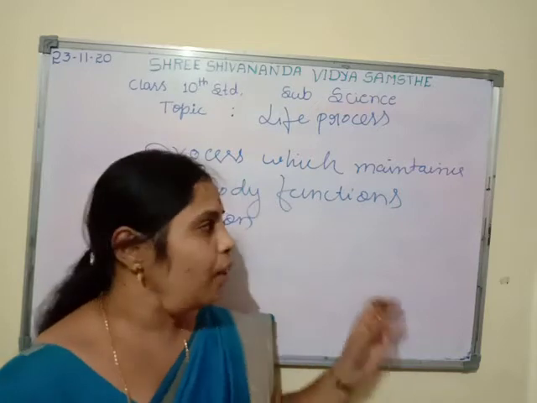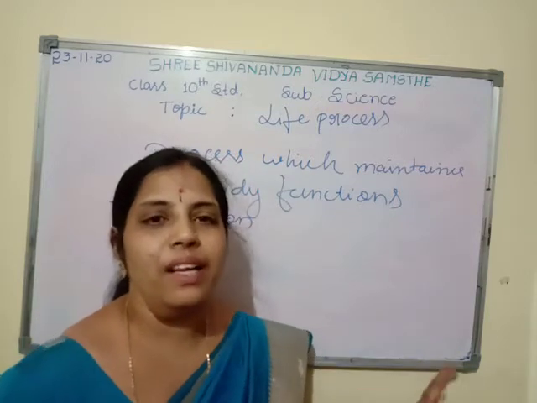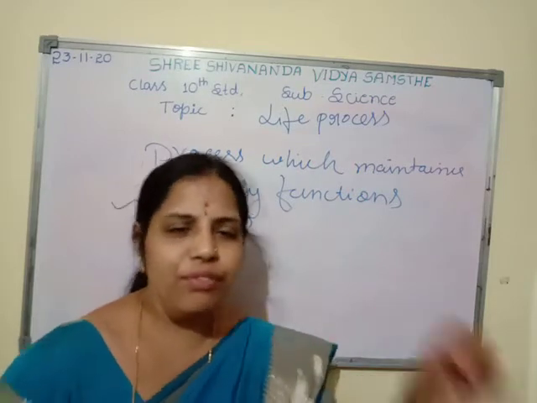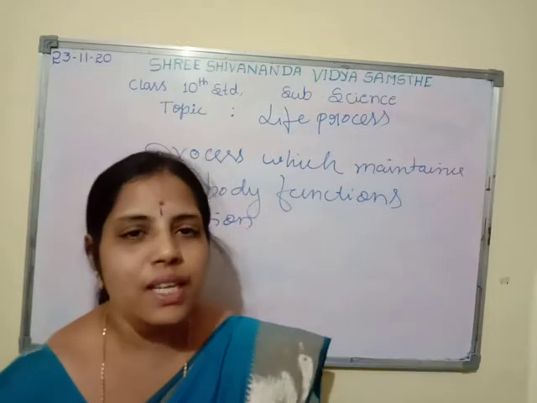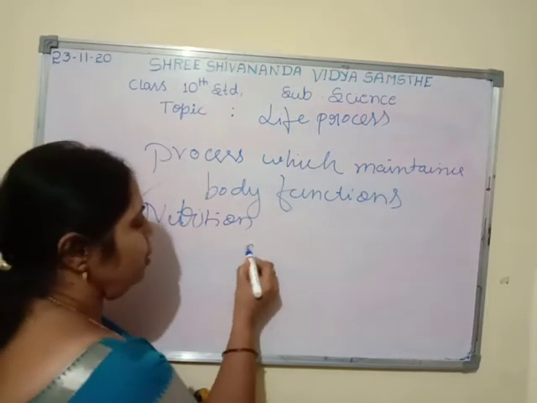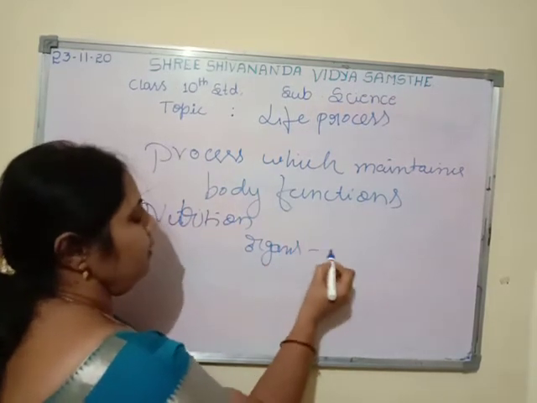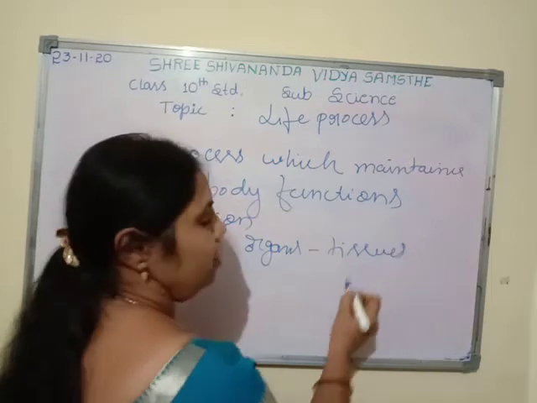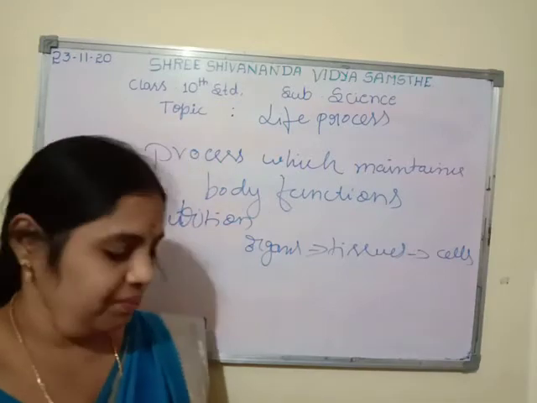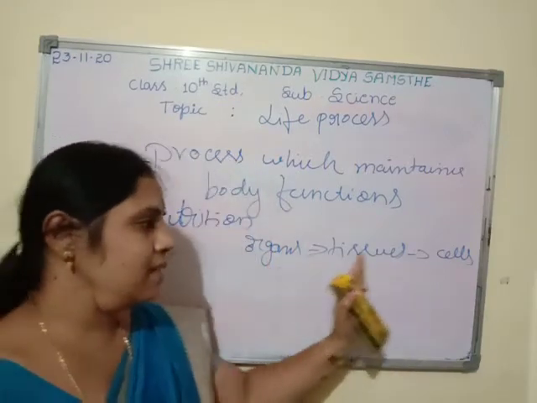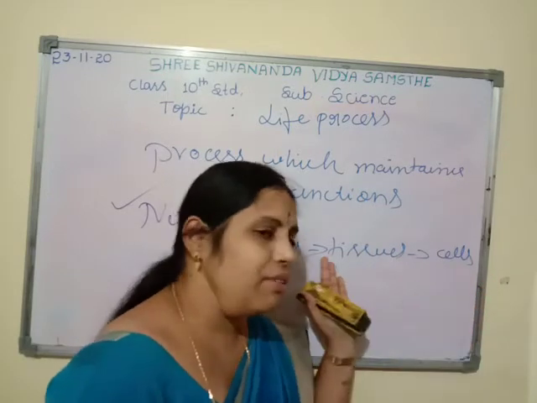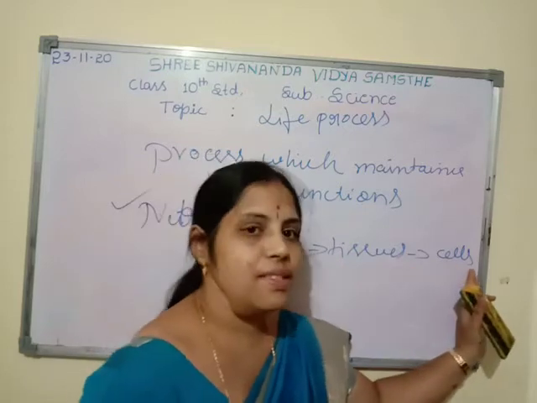Let us see how these functions are performed in our body. We are saying living organism. An organism is made up of organs. Organs are made up of tissues, and tissues are made up of cells. So organs, tissues, cells. Whatever nutrients you take finally reach the cells.